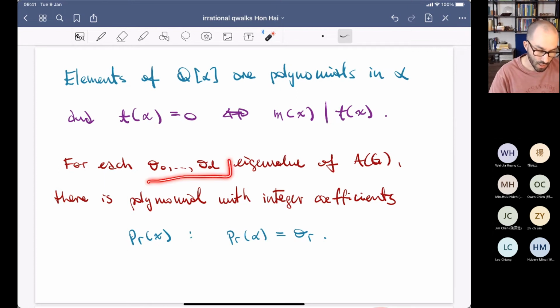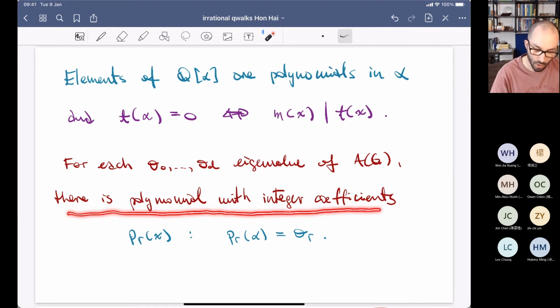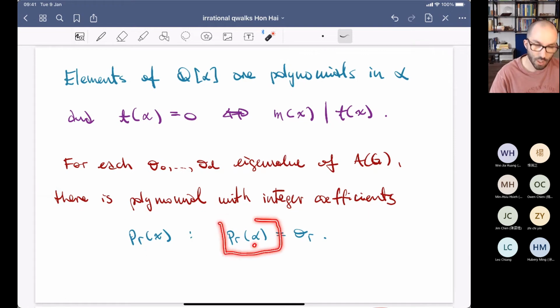And for each one of these eigenvalues of your graph, there is a polynomial with integer coefficients, so that there is an alpha, and this polynomial applied to the real number alpha is actually equal to each one of these eigenvalues. And this is arguably the best way one will ever have to represent algebraic numbers.